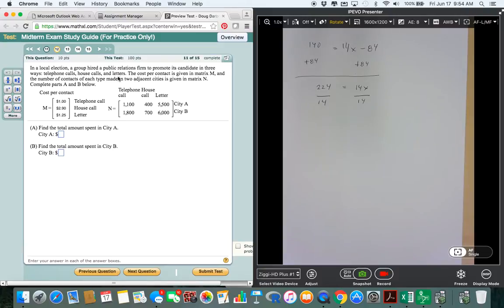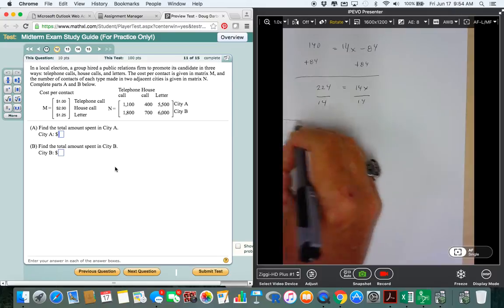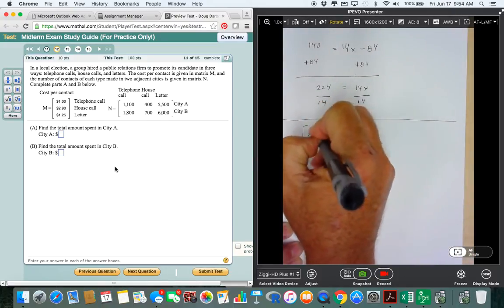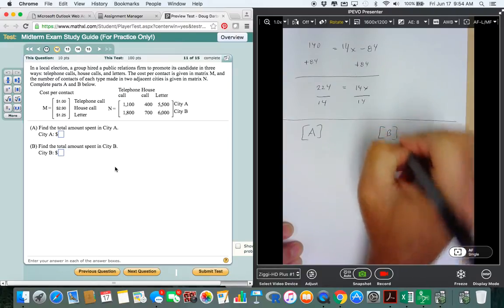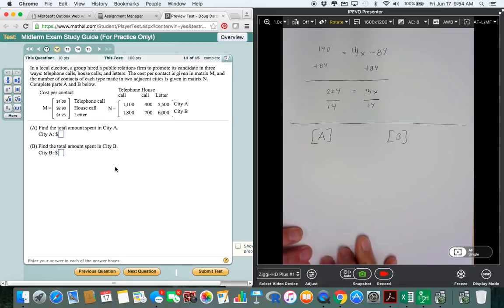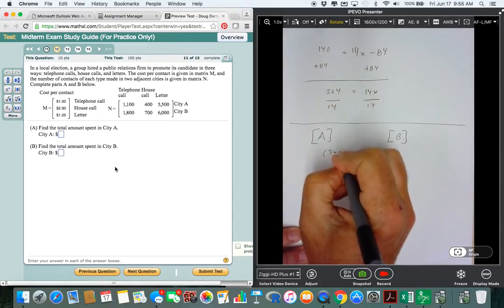All right, local election, so we've got cost and we've got telephone house. So total spent in A. Now, let's think about this. Let's call that first matrix over here A, and let's call the second matrix B. Now, the size of the first matrix is a 3 by 1.